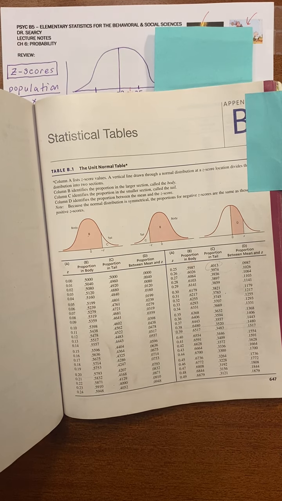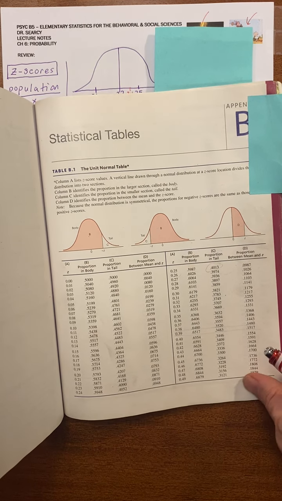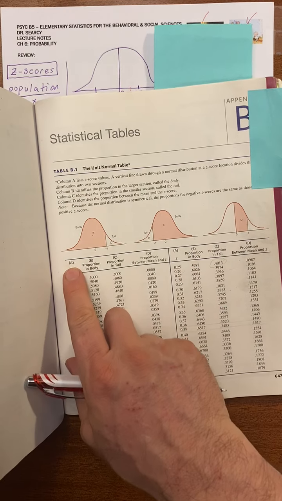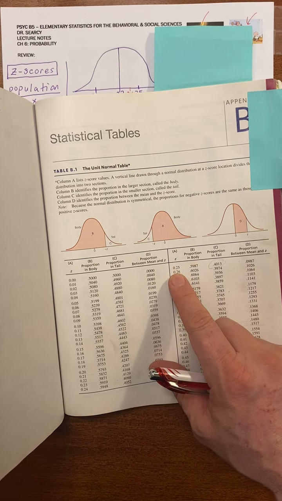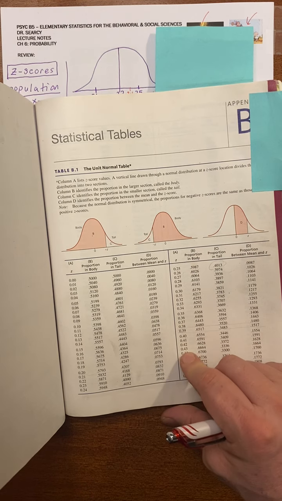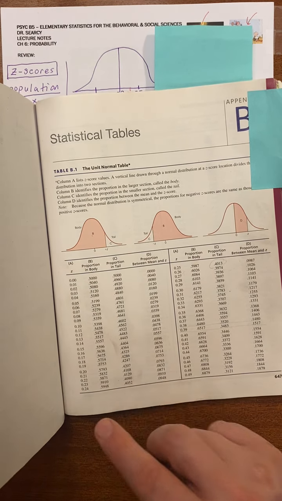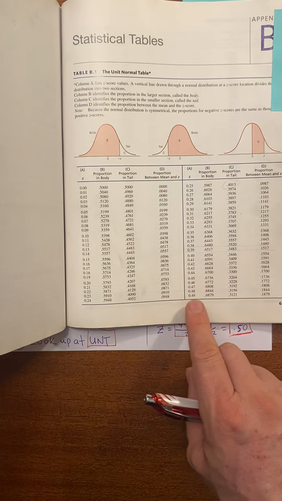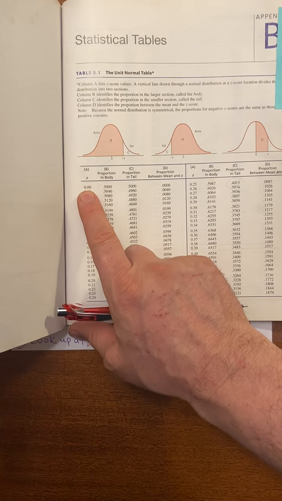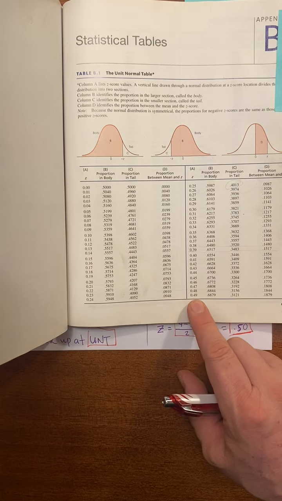We're going to first look for the z that we have calculated, right? And you're seeing the z column here. You're seeing that there's a whole bunch of z's that move in this numerical order. I'm looking for that z of 0.50. I don't see it on this page, right? The range here is from 0 to 0.49.